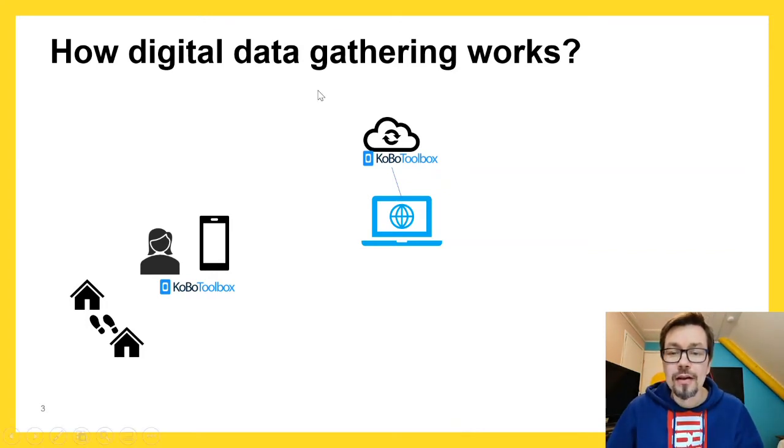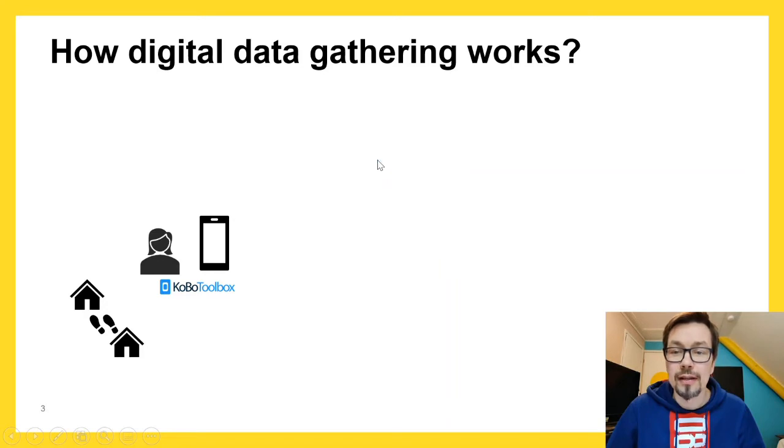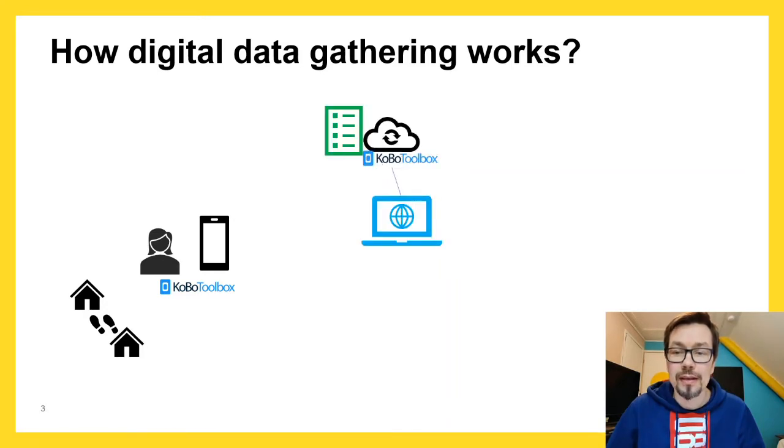And here, using a computer and the Kobo Toolbox service, you are able to create a survey just as if you did it on paper. So the questions are created, and once the survey template is done, then you can send it to those surveyors.